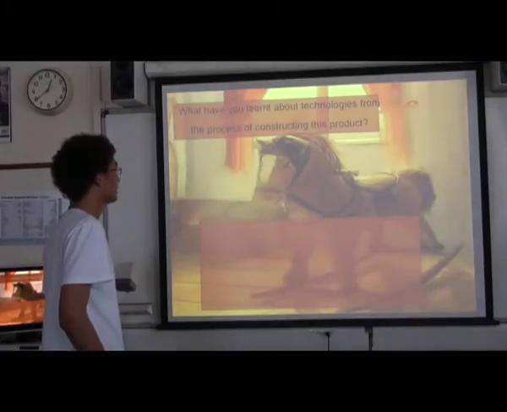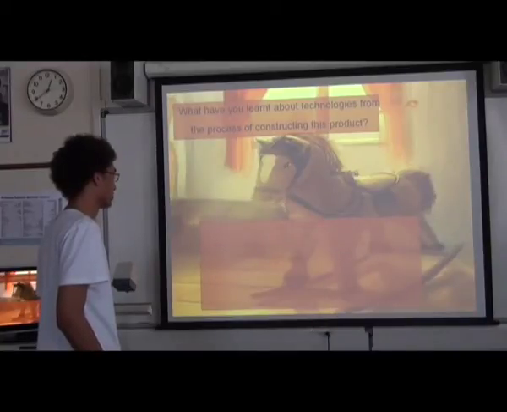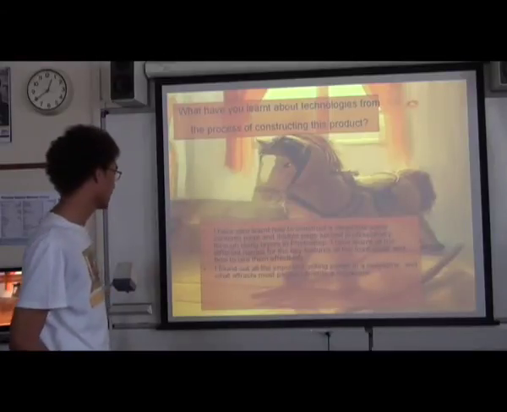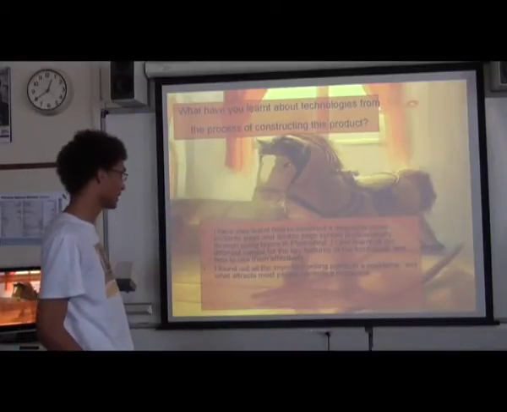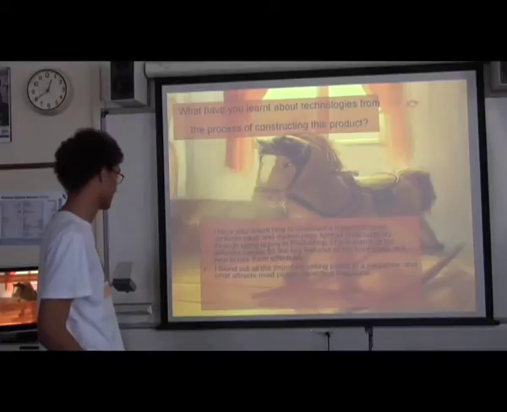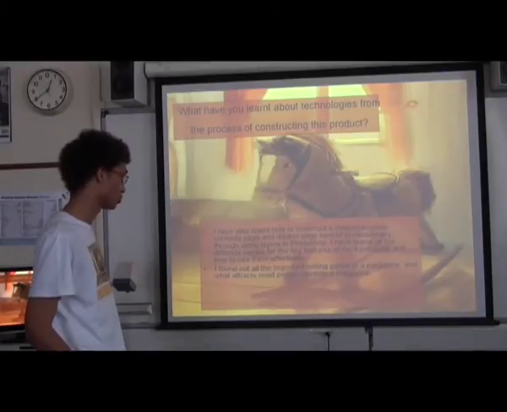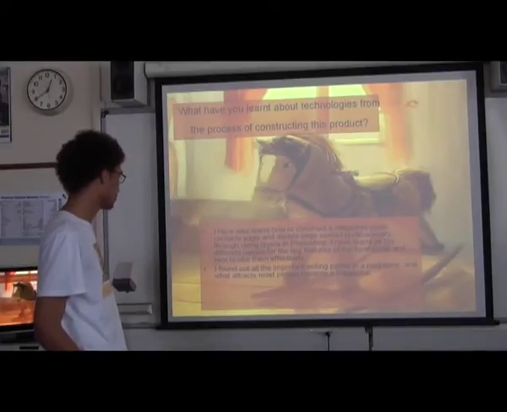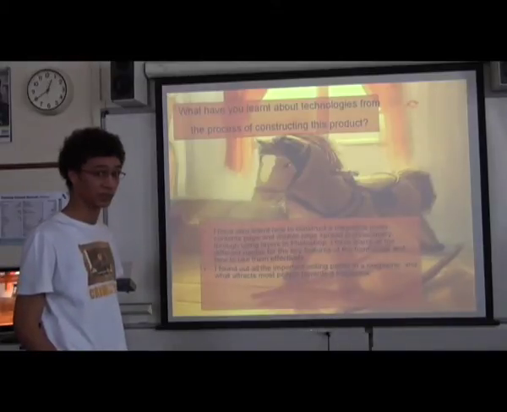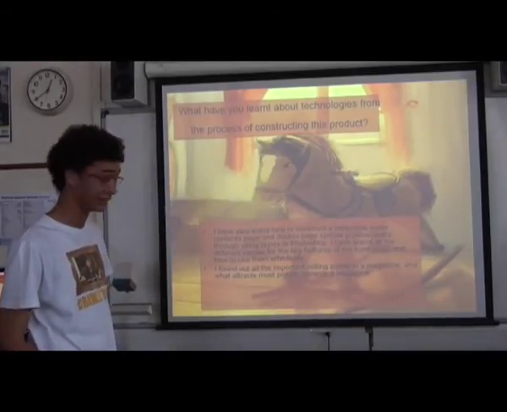What have you learned about technologies from the process of constructing this product? I have learned to construct a magazine cover successfully, a contents page and a double spread, through using layers in Photoshop, which I did not know how to use beforehand.